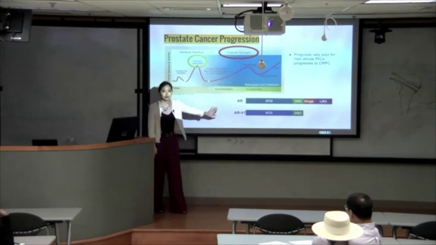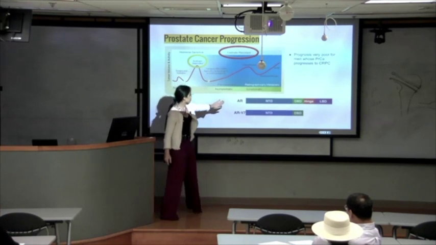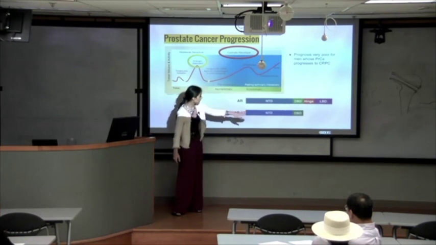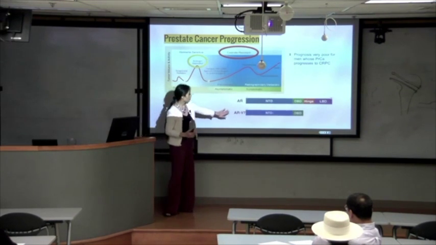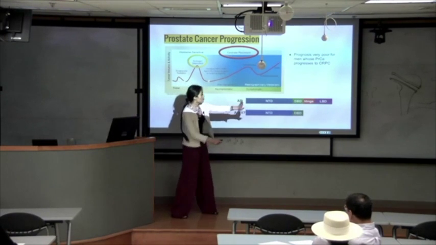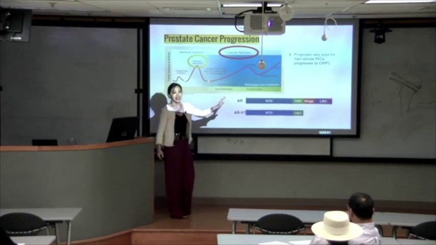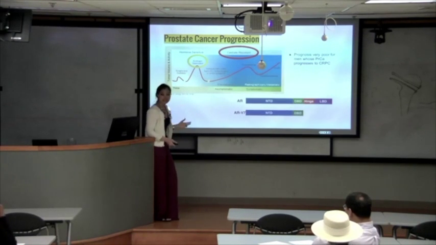Here is a structural representation of the differences between full-length androgen receptor on the top here with all of the domains intact and this shorter fragmented version of that receptor, ARV7, which retains the N-terminal domain but is missing the C-terminal ligand binding domain. And this is a way of ARV7 serving as a transcription factor independent of ligand.